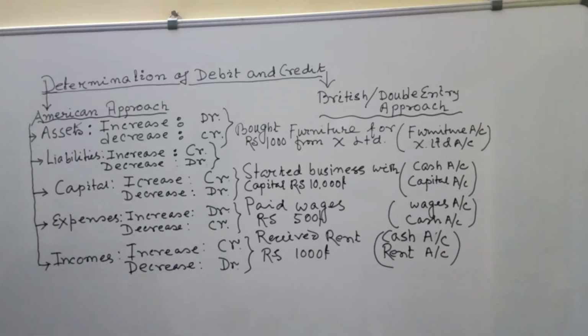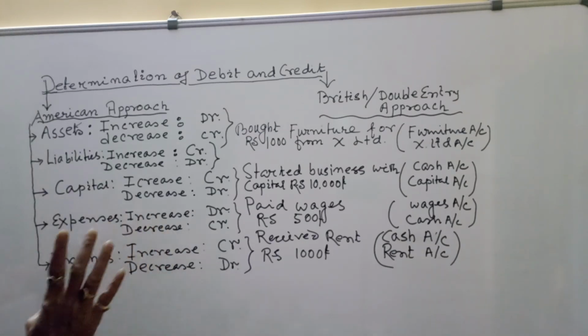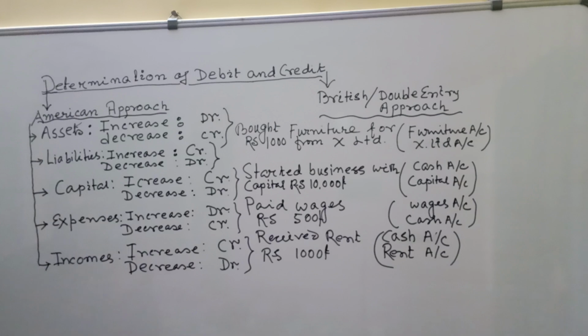In the case of expenses, if the amount of expenses increases, that expense account will be debited, and if the amount of expenses decreases, the particular expense account will be credited. If the amount of our income increases, the particular income account will be credited, and if it decreases, it will be debited. I think I could explain, within my capacity, how to determine debit and credit under the American approach.